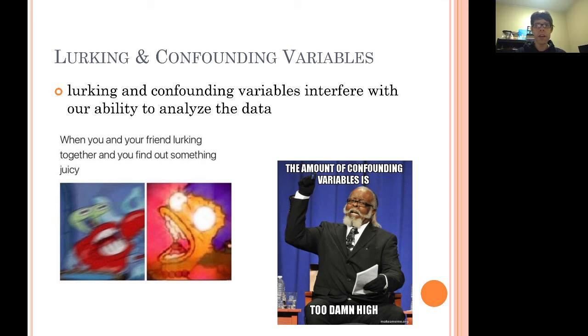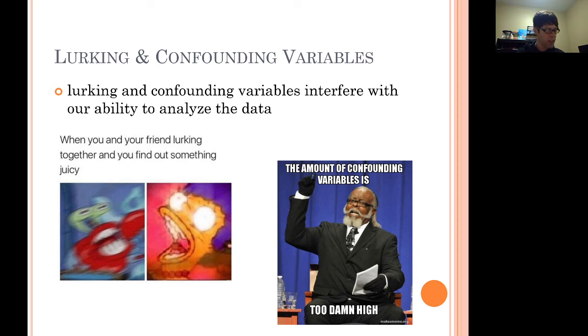Okay, a couple other variables that we want to quickly discuss today are lurking and confounding variables. So these are variables that may be associated with the explanatory or response variables in some way, and they tend to interfere with the way that we're able to analyze the data.